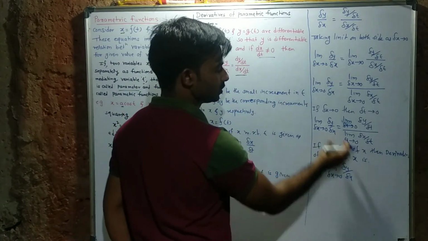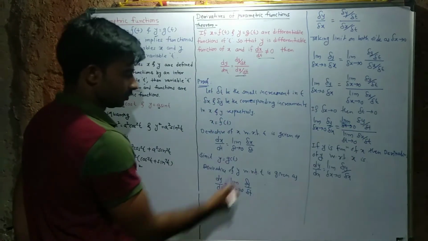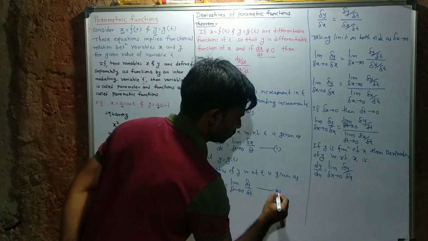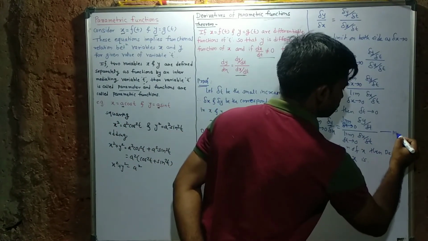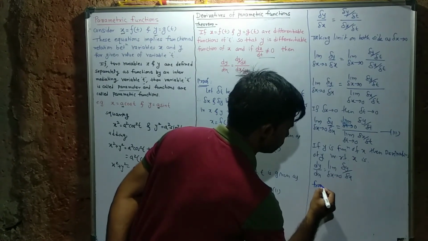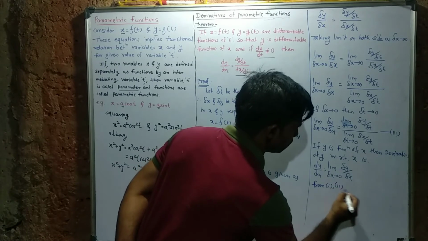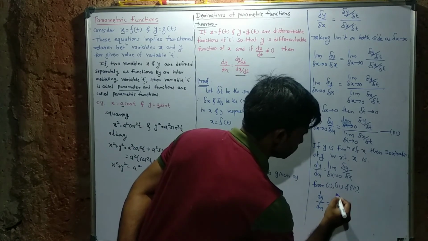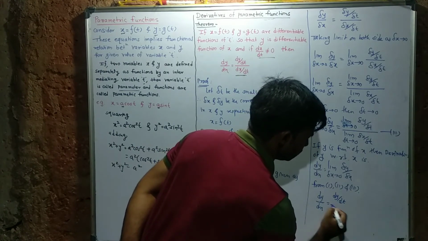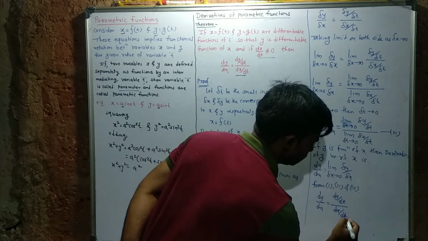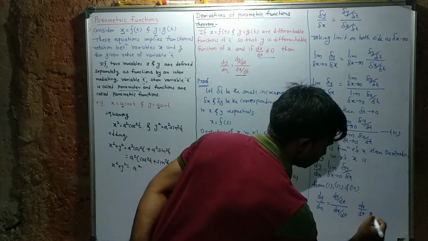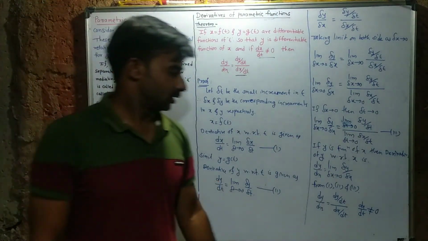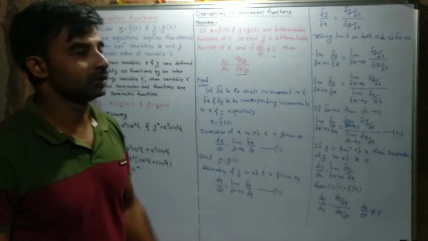Calling these equations 1, 2 and 3, from 1, 2 and 3 you get dy by dx equal to dy by dt divided by dx by dt, where dx by dt is not equal to 0. This gives the final result of the theorem.